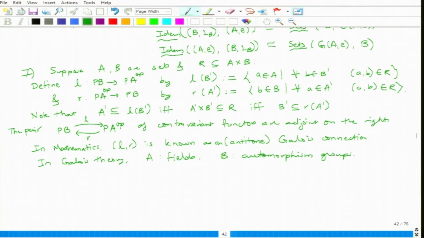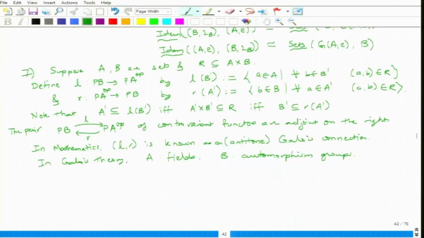The entire Galois theory is all about one particular adjunction. I'm not going to go into details of what Galois theory is, because examples in this course are only for those who know that area.